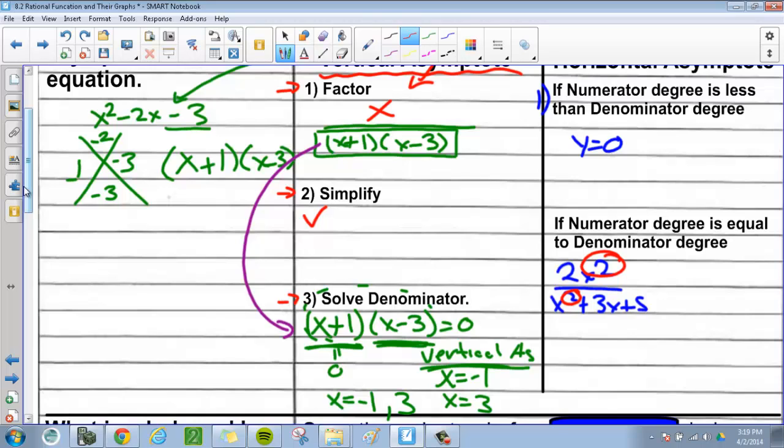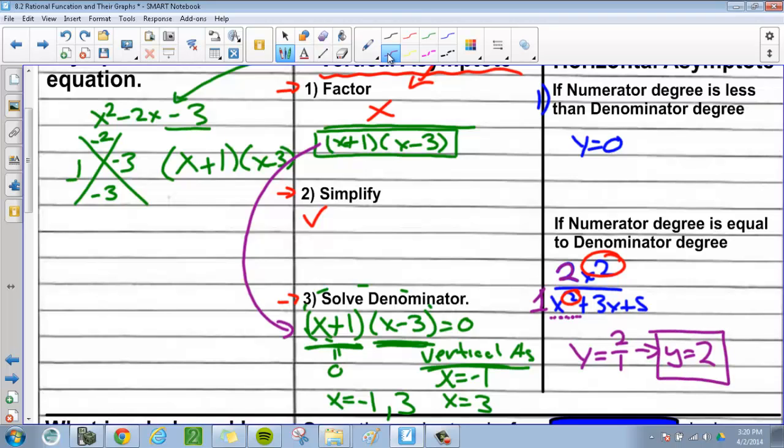The coefficient of this one is 2. And the coefficient of this x squared term is 1. You don't see it there, but it's there. So the equation for the horizontal asymptote is y equals 2 over 1, which is the same thing as y equals 2.